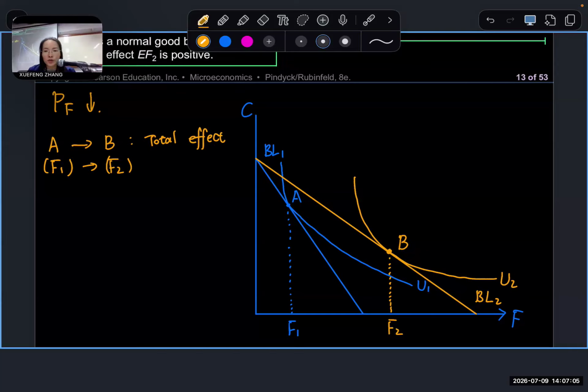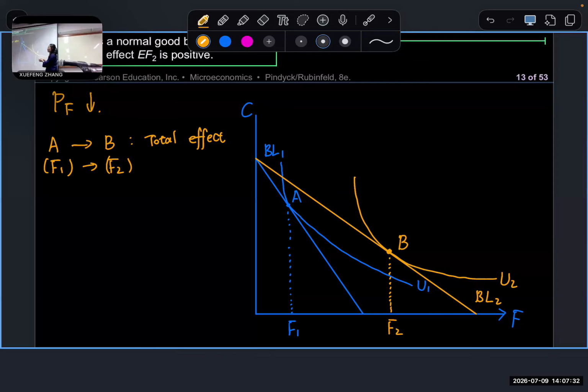How to separate or decompose the substitution effect and the income effect? Remember, for the substitution effect, we should be at the same utility, right? The same happiness. Okay, look at the definition of substitution effect. The same happiness.